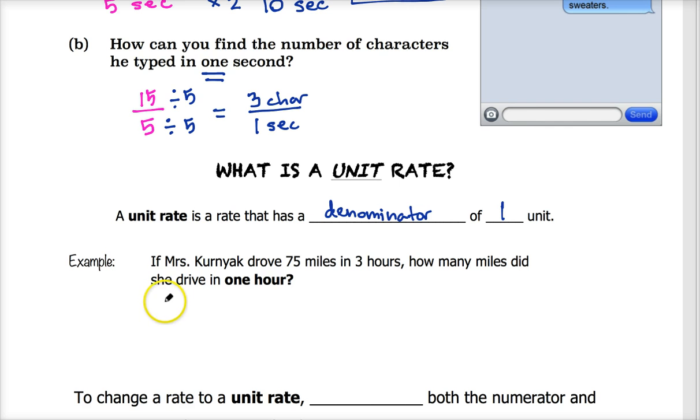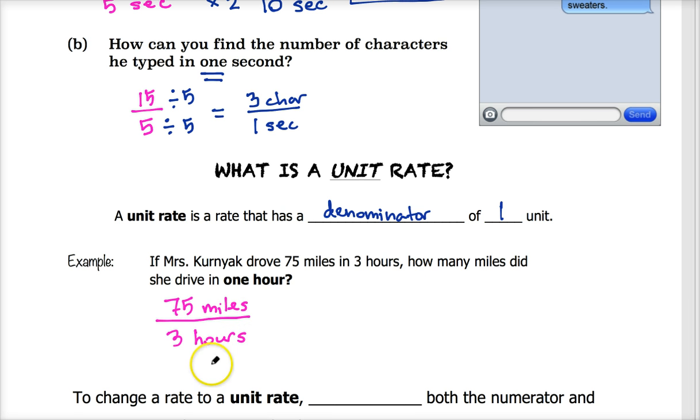So if we take her rate, 75 miles per every 3 hours, and we want to figure out how many miles she drove in 1 hour, we can take that denominator, 3, and divide it by 3 to make the denominator a 1.